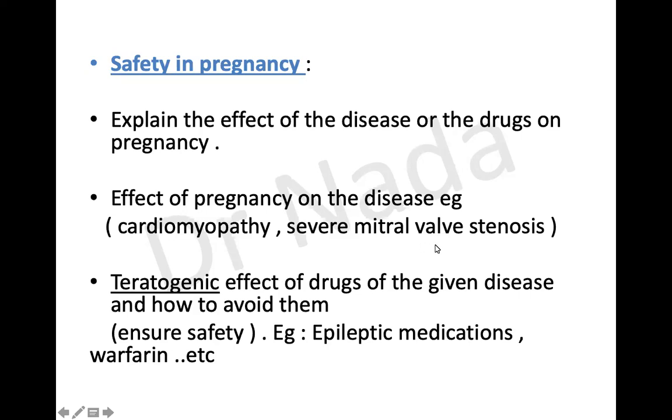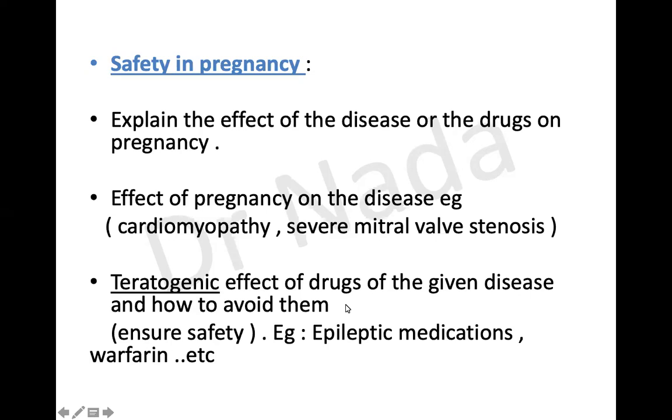All right, severe mitral valve stenosis. Also, pregnancy in a patient with severe mitral valve stenosis should be prohibited. You should advise her not to get pregnant unless she had an operation, for example, or her valve stenosis was managed, okay? Then she can conceive.